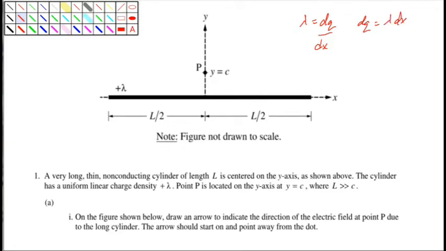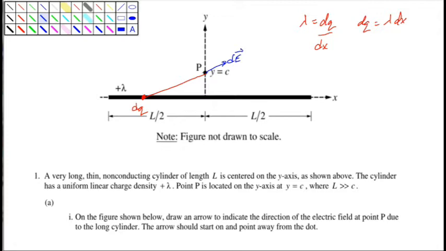So for any infinitesimal length on this, we'll have some dq that exists here, and this creates a field at point P that points off in this direction, and this is some dE associated with that.